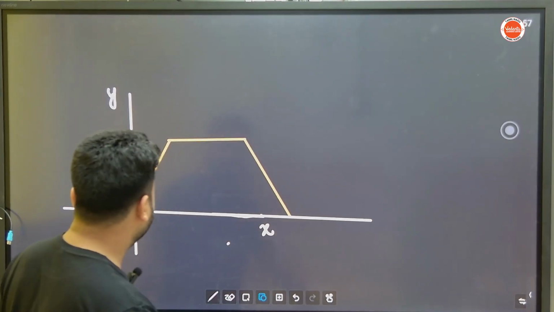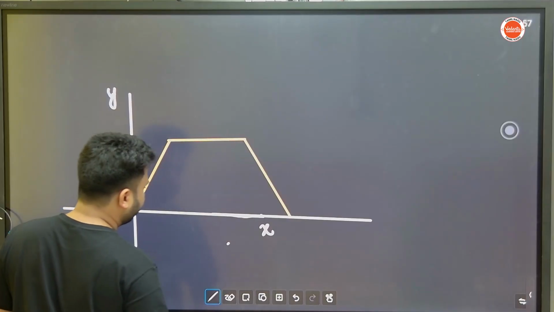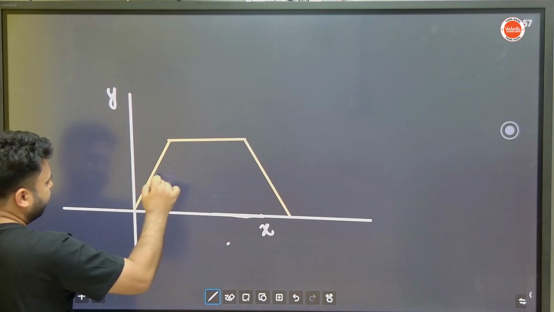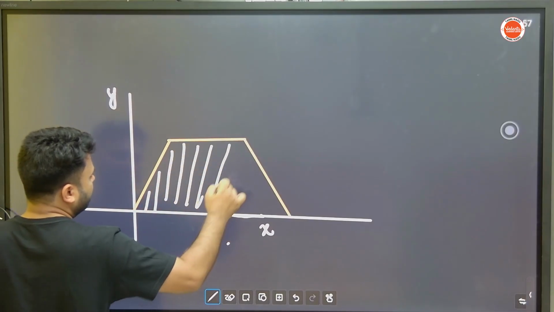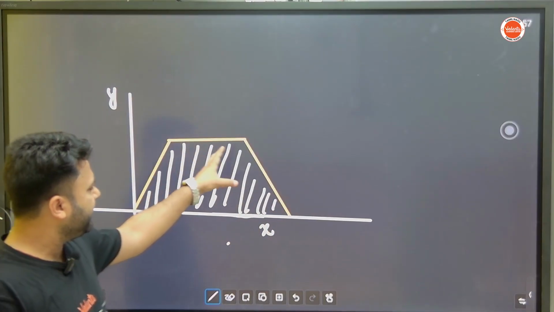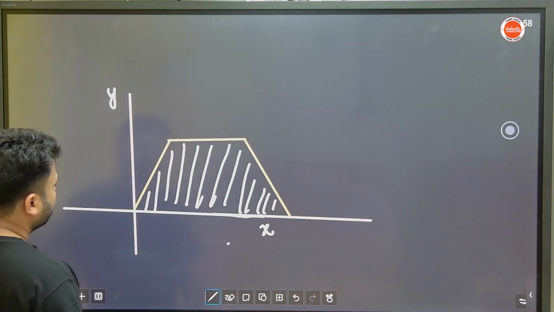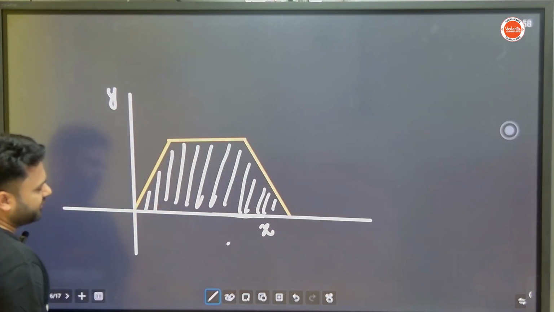If I ask what is the area under the graph, the area under the graph means you will be concerned with this area. Now this figure is a little bit familiar. You know what this is? This is a trapezium.